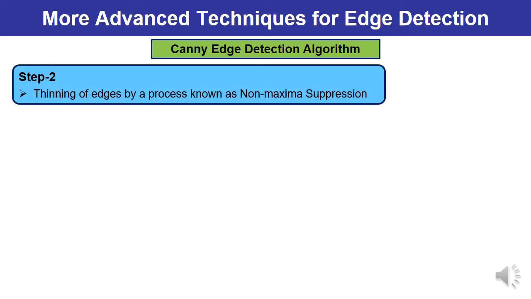Now, the second step, which is very important, is thinning of edges by a process known as non-maxima suppression. This process is very important. See, what is going to happen here? In the case of very intense computation, when you have to be very careful, the gradient direction is reduced to just 4 sectors.